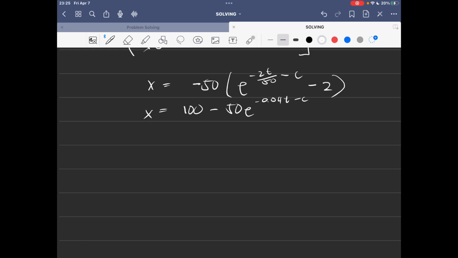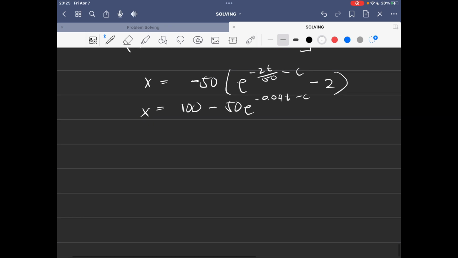Then if t goes to infinity, e raised to negative infinity becomes 0. So x is equal to 100 minus 50 times 0. So our x is 100 pounds.